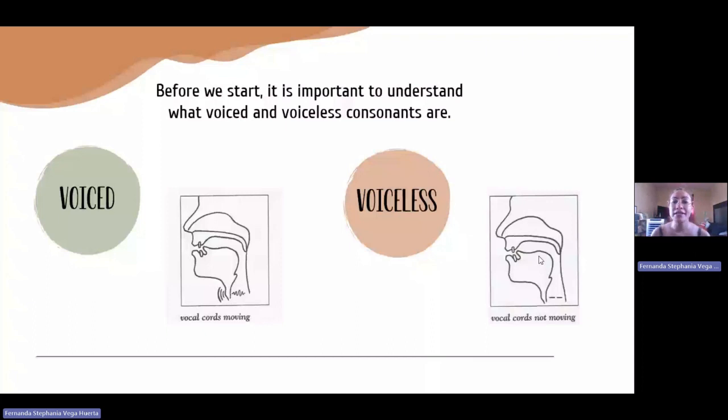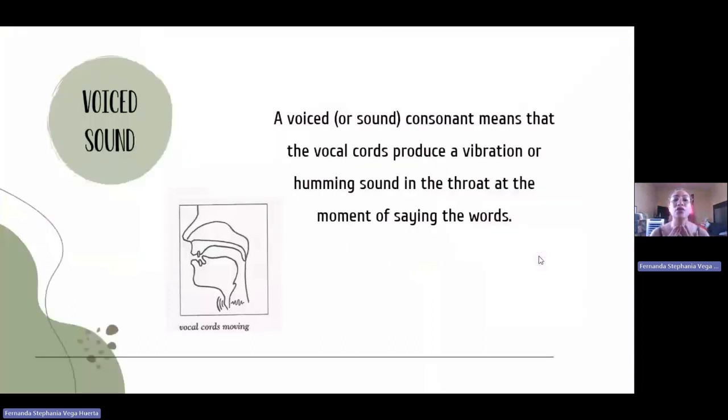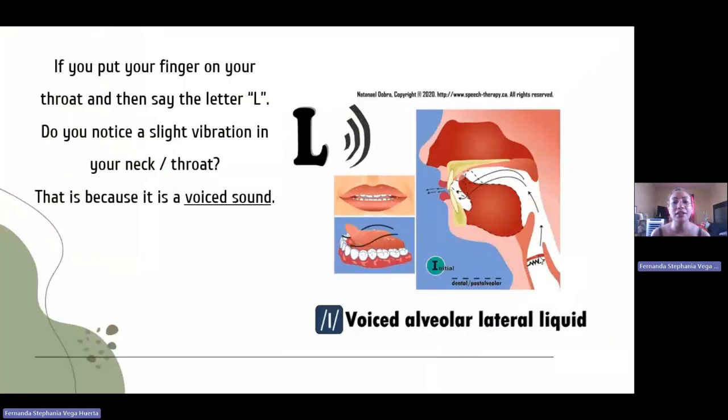So when we're talking about a voiced sound, it means that your vocal cords are moving as you make that noise. So for example, if you say the letter O and you touch your throat, you can feel a little vibration right there. So that means that the O is a voiced sound because your vocal cords are moving, right?